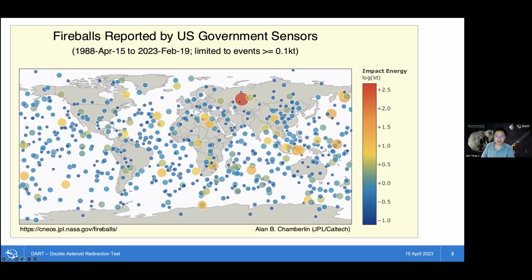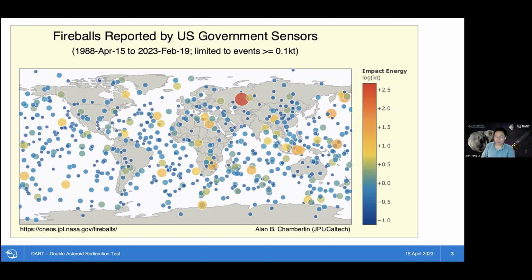And this big red dot is the Chelyabinsk impact, which happened in 2013. I guess many of you probably know that this impact caused an air burst that injured thousands of people in Chelyabinsk, Russia.